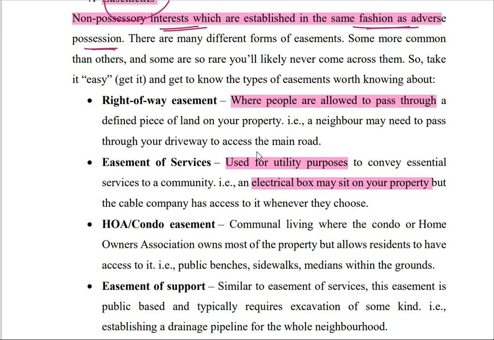So there are different types of easements. One could be right of way easements, and another is easements for services. An electricity providing company can fix a box that sits on your property. You can't say no to that. This is called easement of services, used for utility purposes.